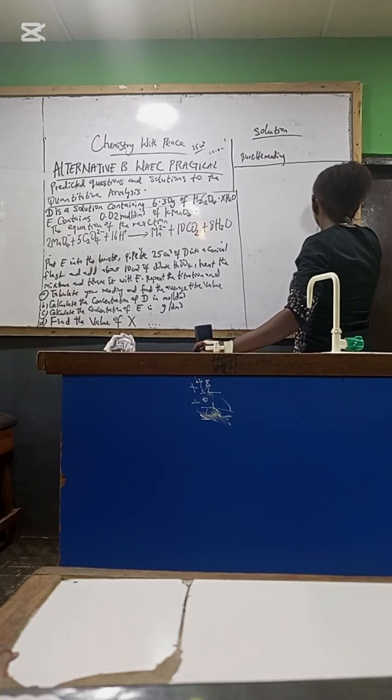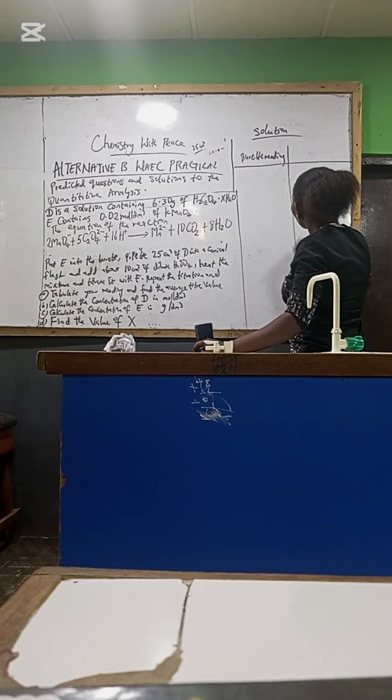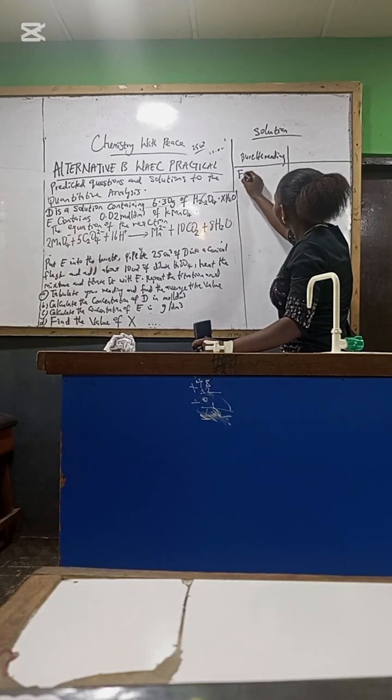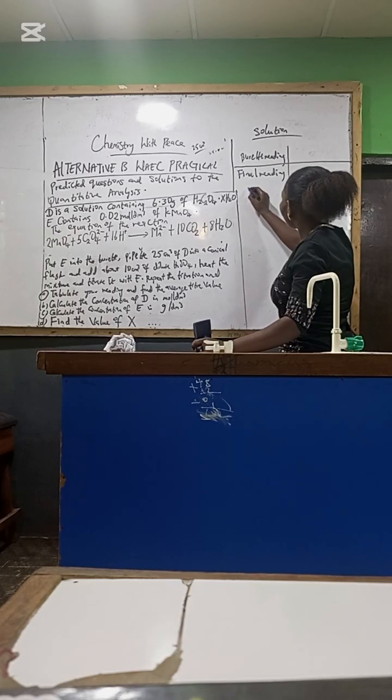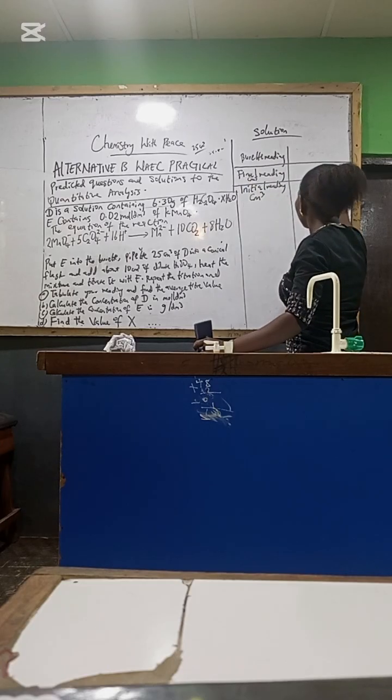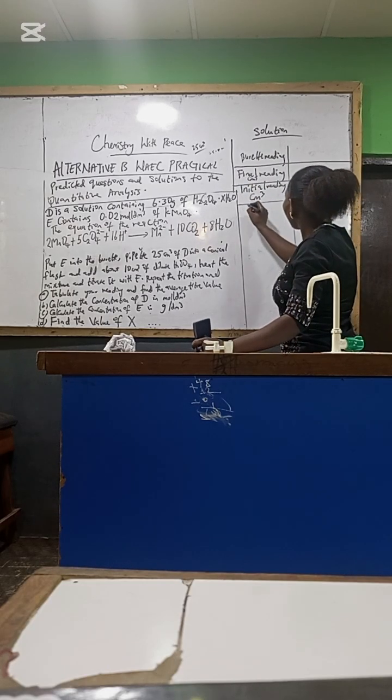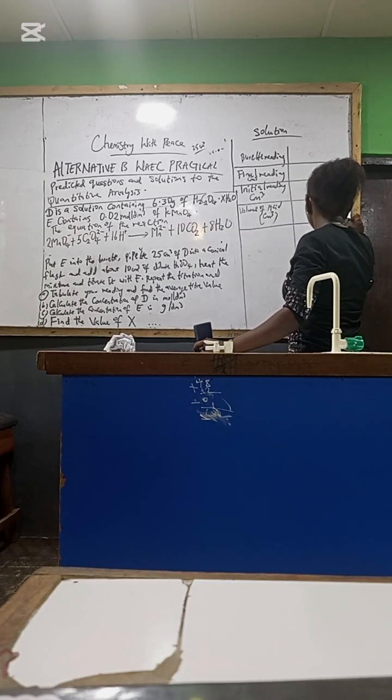Burette reading. Final reading. Initial reading. Remember that the unit must be in centimeter cube. Then volume of acid, still in centimeter cube.